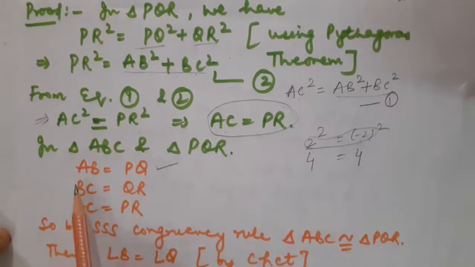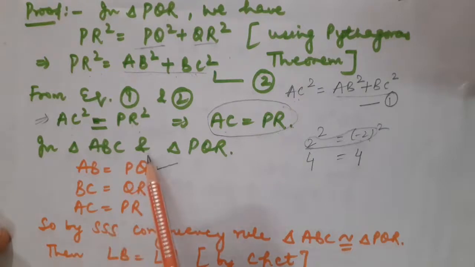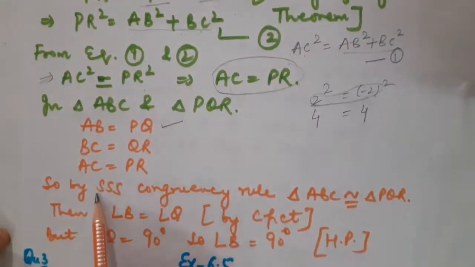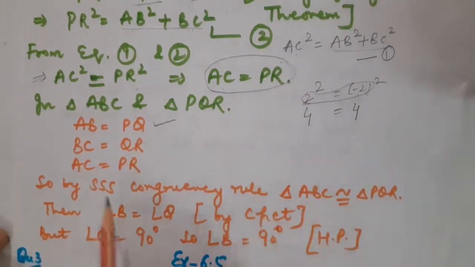Means all the three sides of first triangle are equal to the corresponding sides of the other triangle. They are equal. They are not in the same ratio. Again I am repeating, all the three sides of first triangle are equal to the corresponding sides of the another triangle. So by triple S congruency criteria rule, we can say that triangle ABC is congruent to triangle PQR.